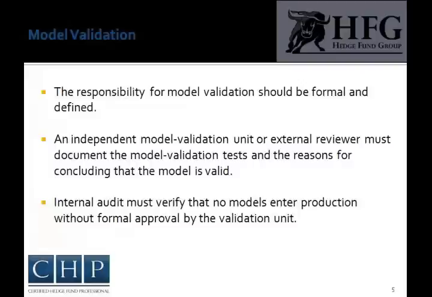The first process is an independent model validation unit or external reviewer who must document the model validation tests and the reasons for concluding that the model is valid. The second is an internal unit group must verify that no models enter a production environment without formal approval by a validation unit.